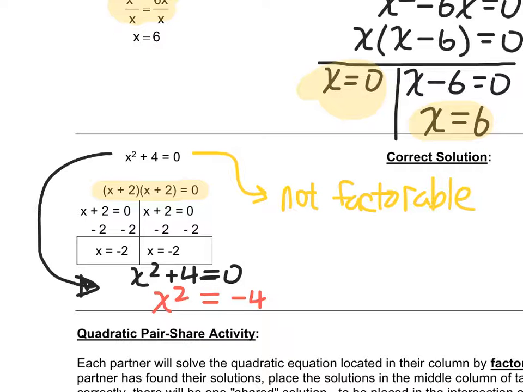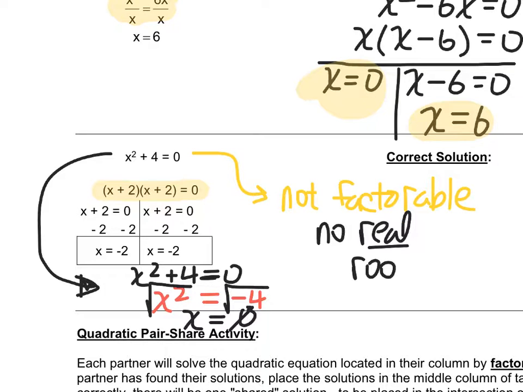Can you square a number and get a negative value as a result? No. So we try to take the square root to get x alone. Can you take the square root of a negative number? No, at least you won't get a real value. You'll get something imaginary. So we have no real roots.